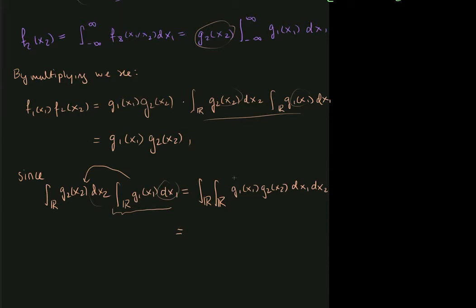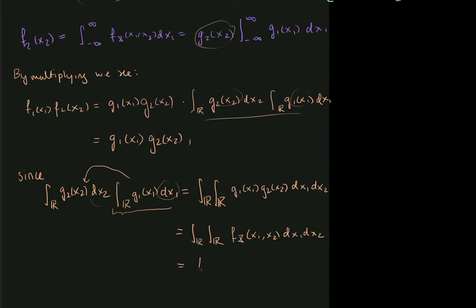Anyway, we have a double integral of the product of g1 and g2, so that's just the simultaneous density of x1, x2, with respect to x1 and x2.